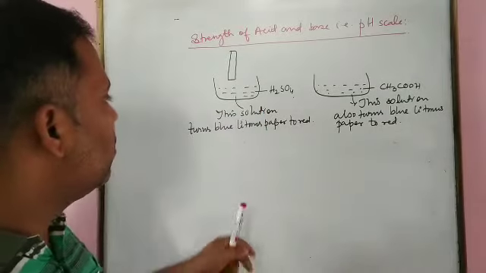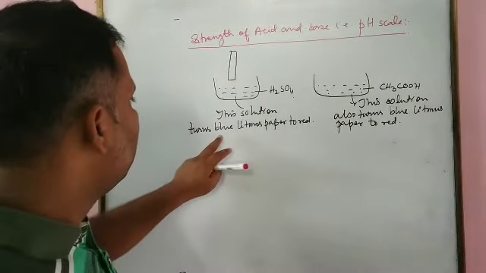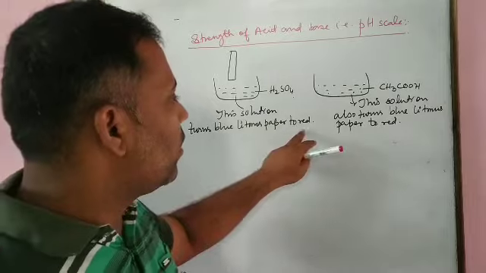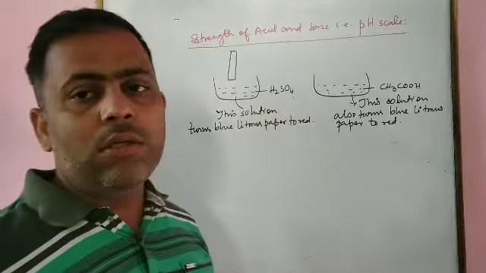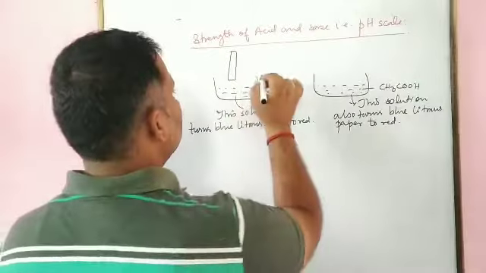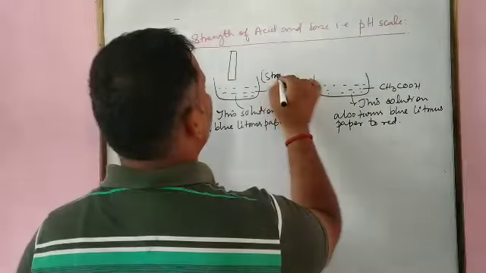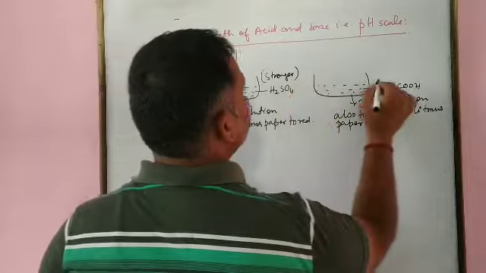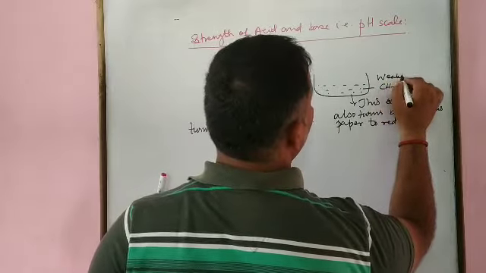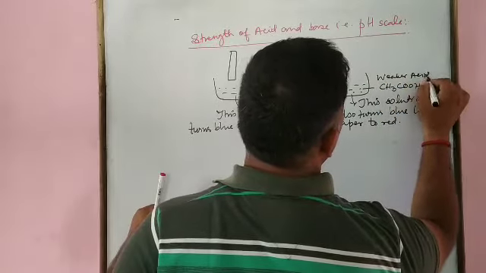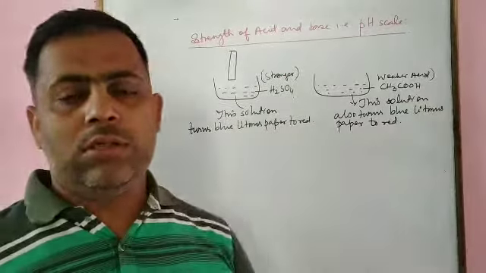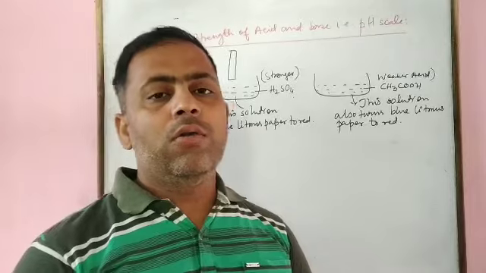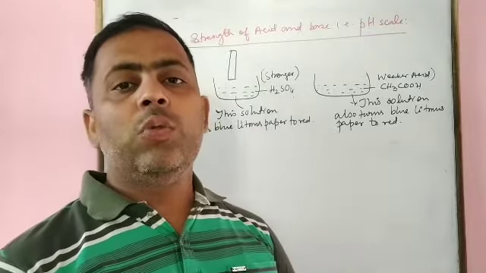It means both turn blue litmus paper red, but these are two acids, and we know this one is the stronger acid and this one is the weaker acid. Then how will we distinguish these two acids?